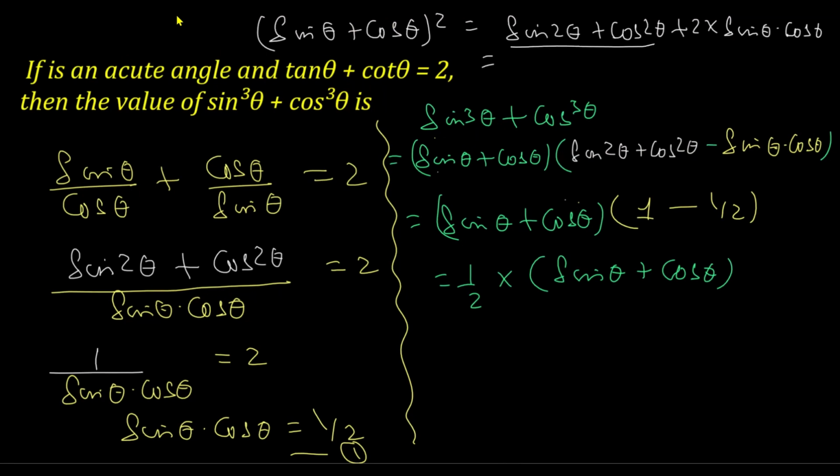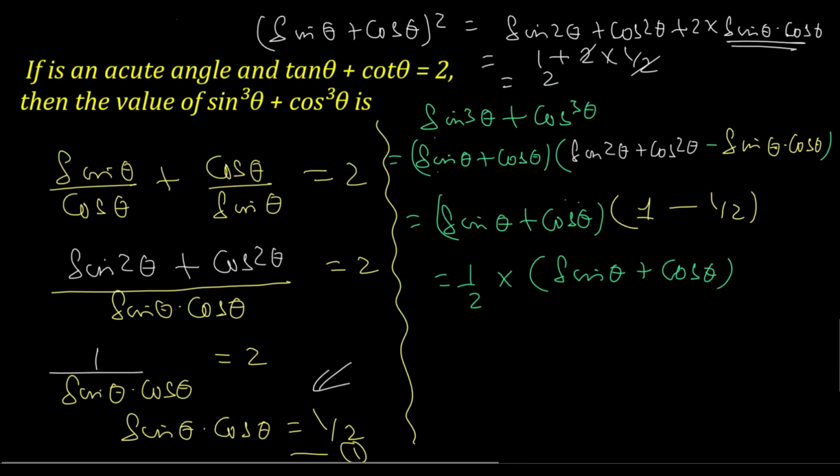So sine square plus cos square theta, I can replace with 1, and then there is a plus sign over here, 2 times sine theta into cos theta. Once again, from here, I can write this as half, so this gets cancelled. Here we are getting 1 plus 1, that is 2. But that is for sine plus cos whole square.